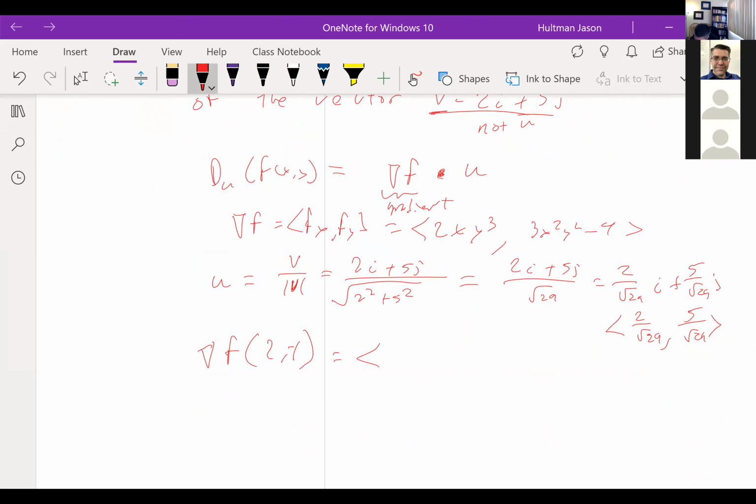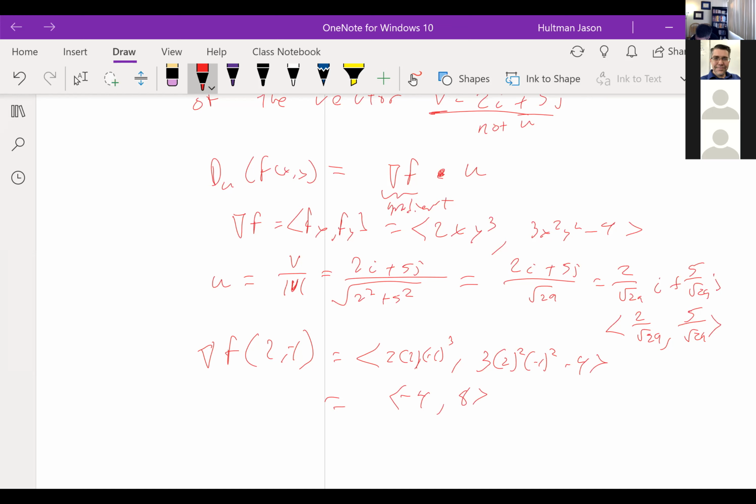That vector is going to be 2 times 2 times -1 cubed, comma, 3 times 2 squared times -1 squared minus 4. So that's 2 times 2 times -1, which is -4, comma. This is going to be 3 times 4, which is 12, minus 4, which is 8.